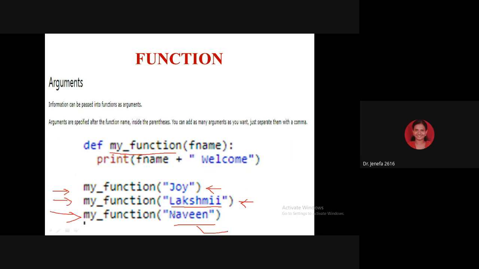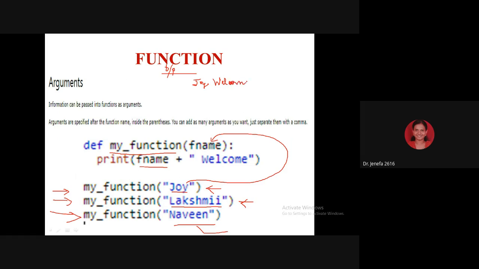So what is the output for this example program? The first time we are passing this name, which will be passed from here and assigned in here. So for the first time we will get the output as the name followed by welcome.